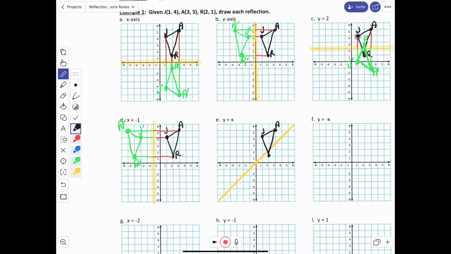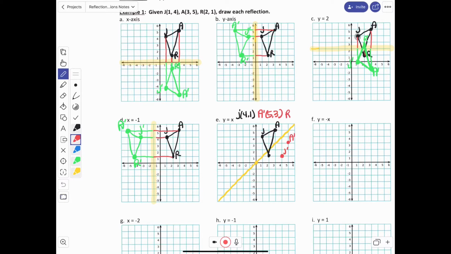If I flip-flop my points, my new J is 4, 1. Notice how it flip-flopped. My new A is going to be 5, 3.